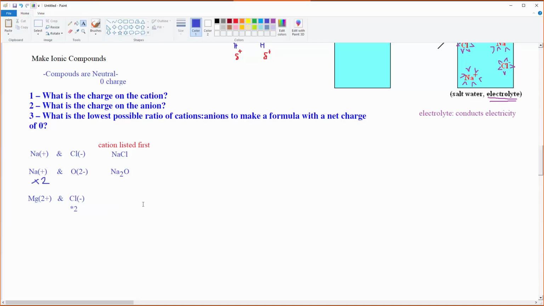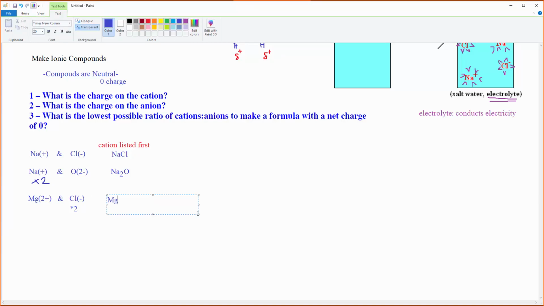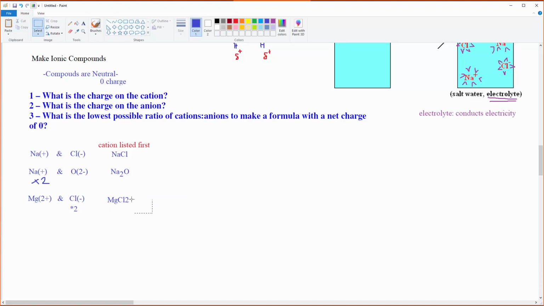And then 2 times -1 gives me a -2 charge. That's going to be opposite the positive 2 charge from the magnesium, so those charges will cancel. So my formula here then is going to be MgCl2. And of course, when we're drawing the formula for a compound, numbers are going to be subscripts.